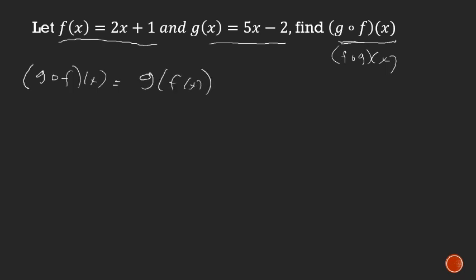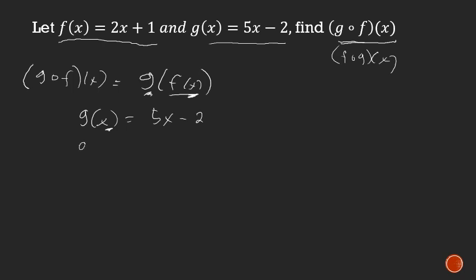So this time f of x is the value of x in the g of x function. So if you have g of x equals 5x minus 2, the value of x will be the f of x.